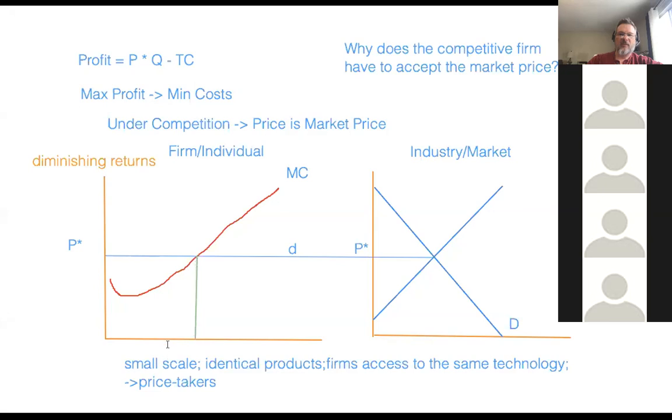Here is, for the firm, I'll write it as little q star. That is the quantity that the firm chooses to maximize their profit. Notice that Q star for the competitive firm is defined by price is equal to marginal cost.